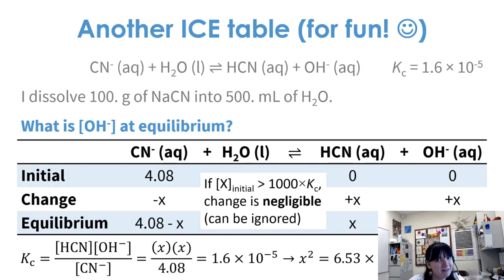This is a very tiny change to the cyanide because we started off with so much of it. For the HCN and the OH minus, however, the new concentration is 0.0081. So we can still calculate X and plug it back into our ICE table, but in terms of how much it changes our different products and reactants, it may be negligible in some cases if we start with a lot of one thing.